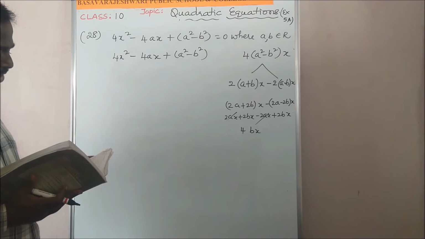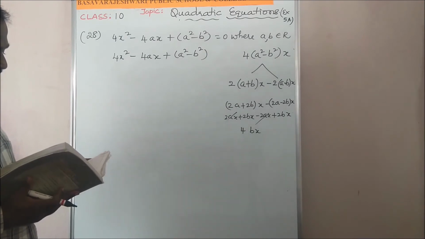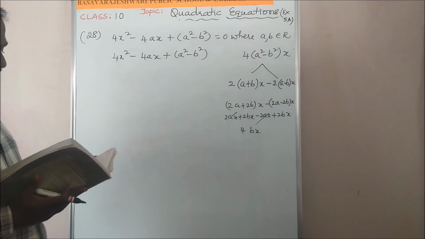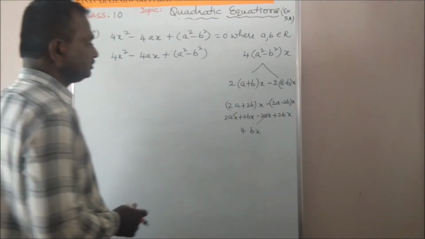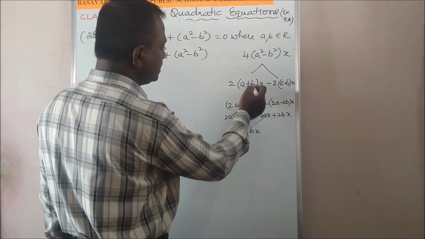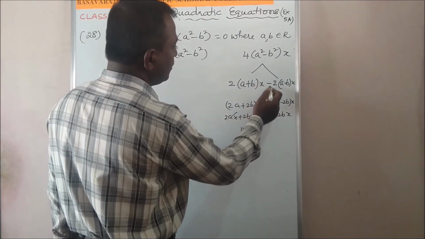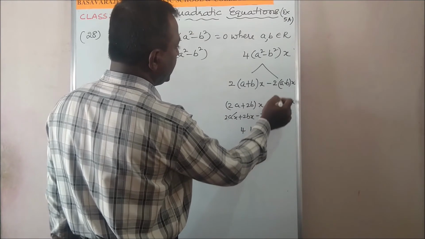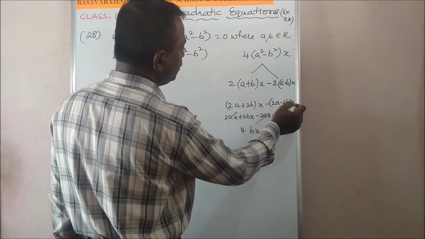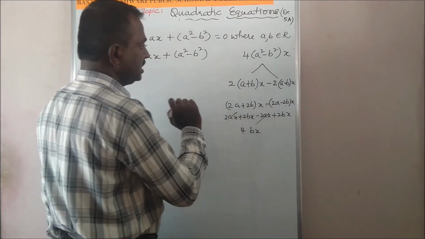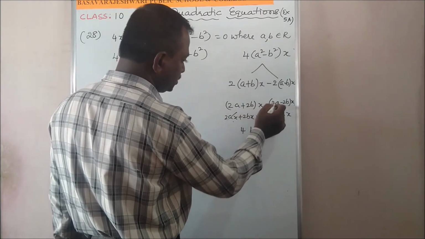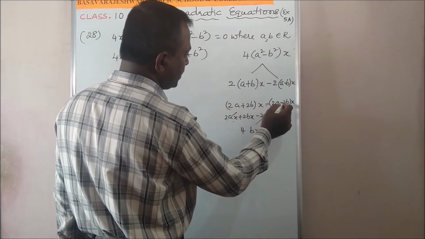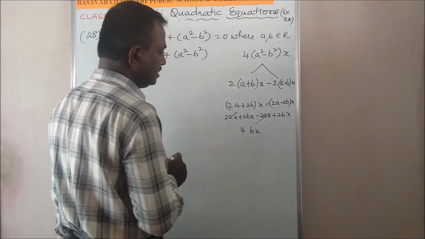But we should get how much? 4ax we should get. Minus 2 into a plus b x and minus 2 into a minus b x.